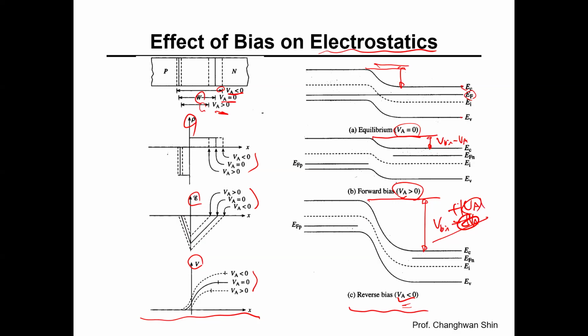Only a small number of thermally generated carriers have enough energy to overcome this increased barrier, resulting in minimal reverse current. So this asymmetric response to bias, conducting well in one direction but blocking in the other, is the fundamental property that makes diodes useful as one-way electrical valves.